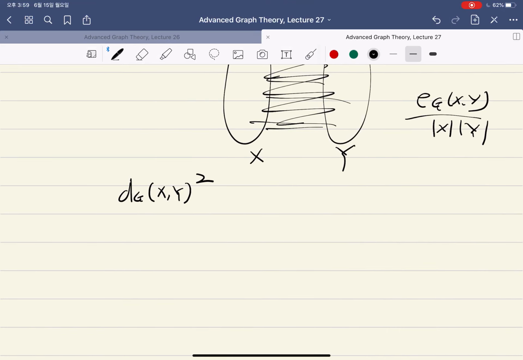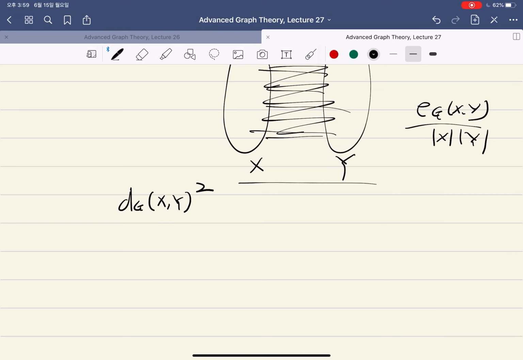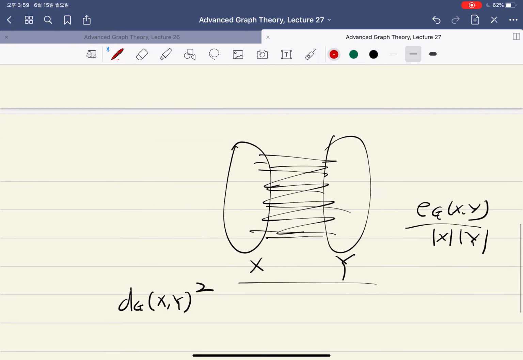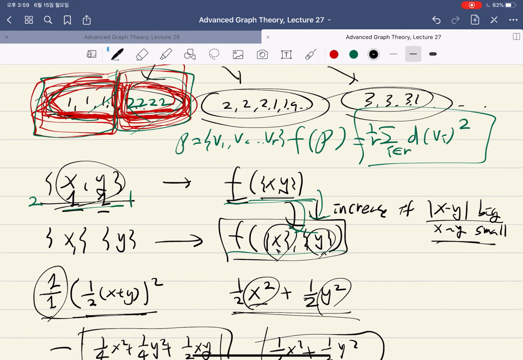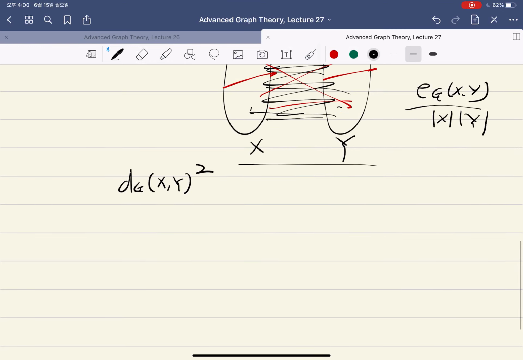And you have to add them all. Let's just say there is only these two. This is the average squared. And then once you break it into more, you have these 4 parts. Before, you have one set and you break it into 2, so now you have 2 sets. But now if you break it into, say, 2 here, then it's 4 sets.